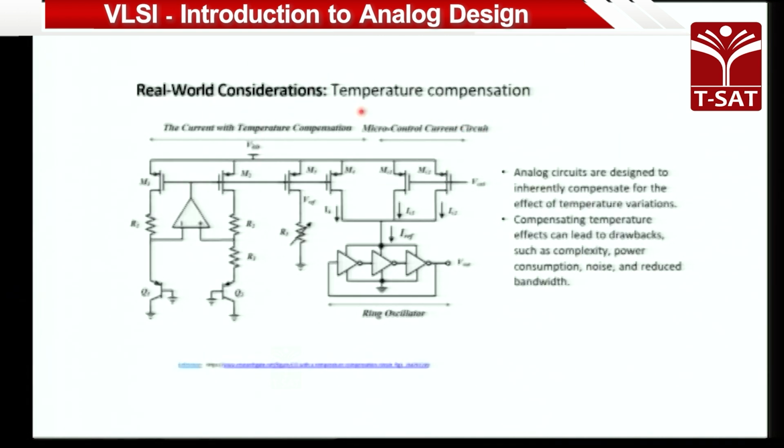Real world consideration: temperature compensation. Temperature is an environmental factor, and why is temperature important? Because when you are continuously talking over the phone, what is happening? Your phone is getting hot. That means, due to the power consumption and the continuous operation, it is getting hot. So if your phone is getting hot, your devices are also getting hot.